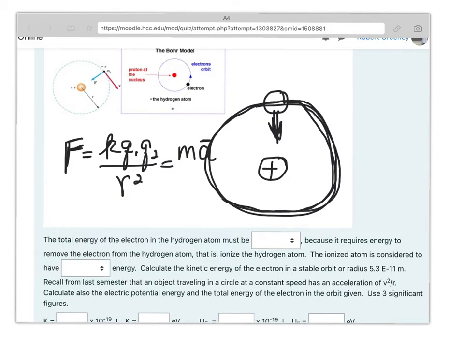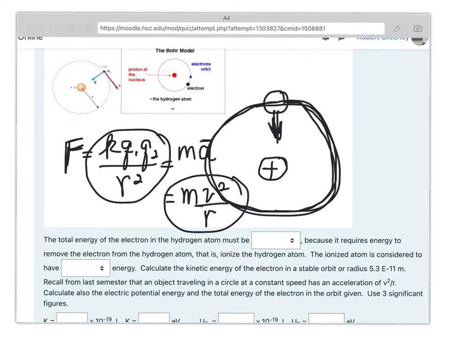in stable orbit. So from last semester, you may remember, and if you don't, I'll remind you, that an object moving at a constant velocity in a circle has an acceleration of v squared over r, where r is the radius of the circle. So that's the same r as the radius of the hydrogen atom. And so notice that I have this equal to this.